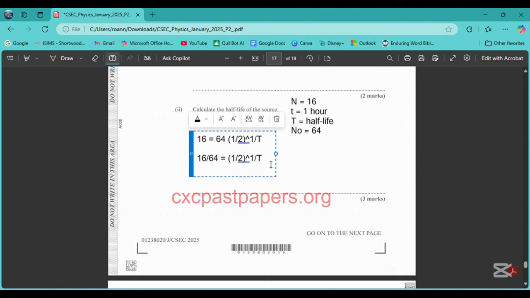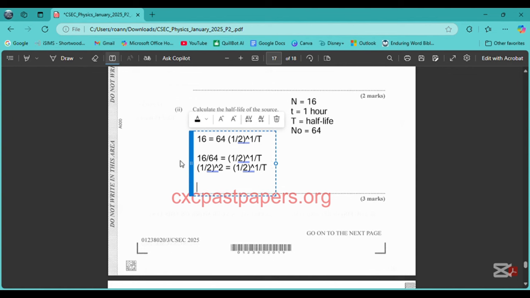However, to have the same bases, we will say half squared, because half squared is the same as a quarter, and we're doing this so that we can have the same bases, because if the bases are the same, the powers must be equal. So instead of writing a quarter, we write a half squared, which is equal to half to the power of 1 over T.